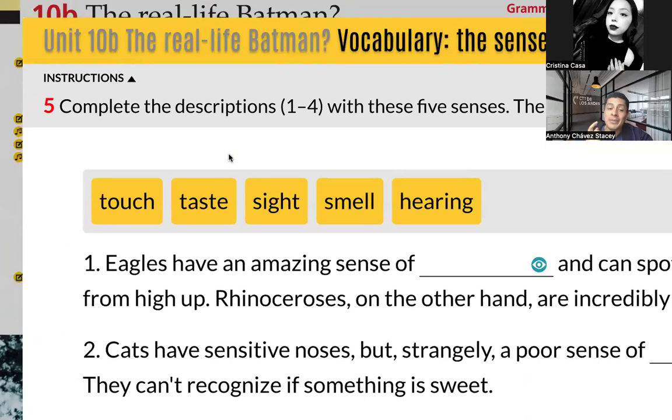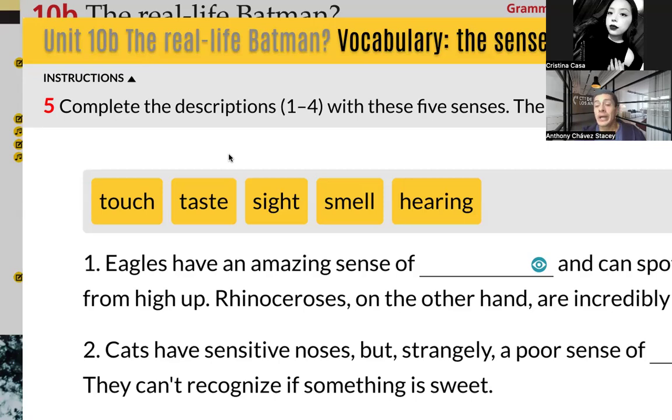Then you are going to have taste. When you eat something, you are using the taste, like when you are eating a nice breakfast with some tasty pancakes and a cup of coffee. Then you are going to have sight, like the eagles have a well-developed sight and they can catch a prey from long distances.